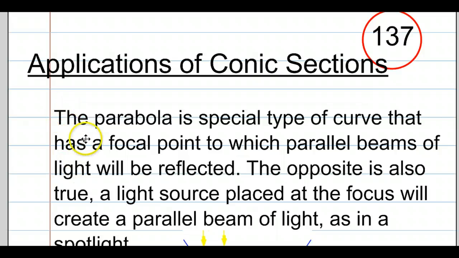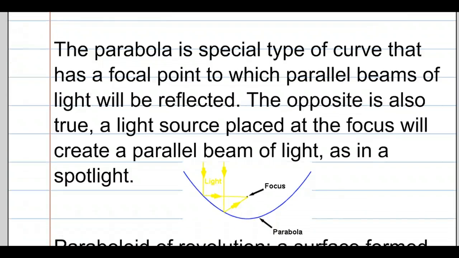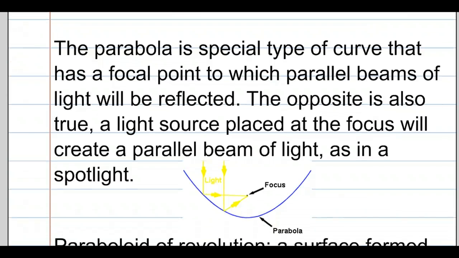So first we're going to talk about a parabola. As you can see, we know what a parabola looks like, but a lot of times parabolas are used in shapes that reflect light or distribute light. If the light comes in symmetric to the axis of symmetry, the light is going to be reflected based on the parabolic shape to one point, which is the focus point, as we can see in this picture.